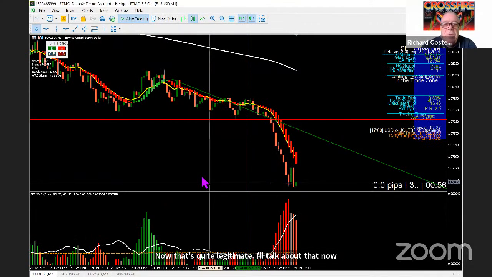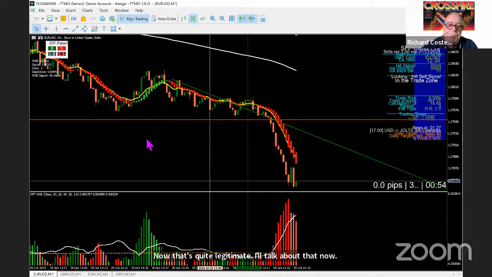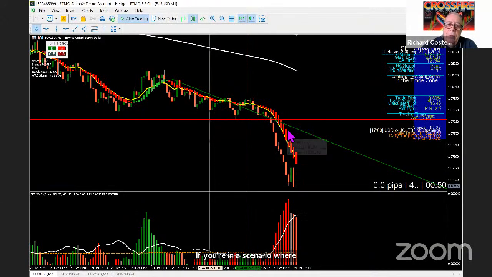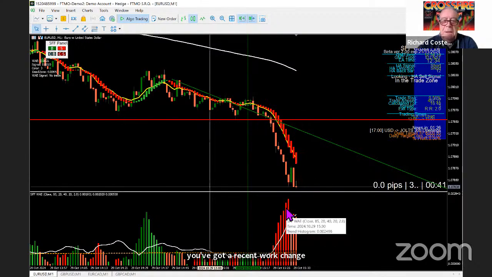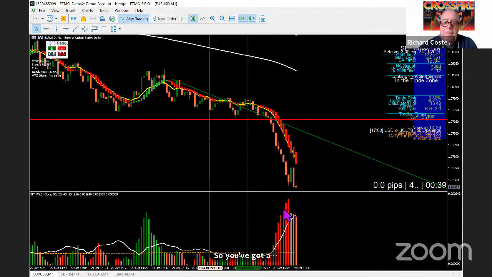If you're in a scenario where you're below the red trend line, you've got a recent wave change, and you've got a Water Atta which is telling you you should be in for a sell, you can actually override the need for an MA crossover.